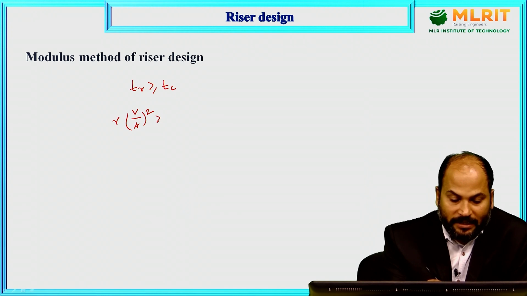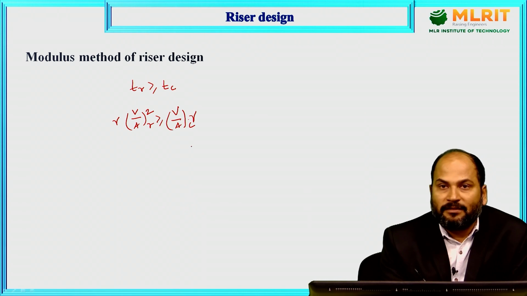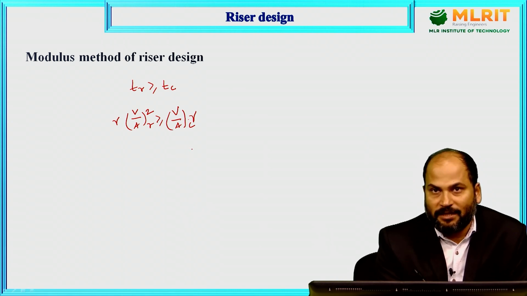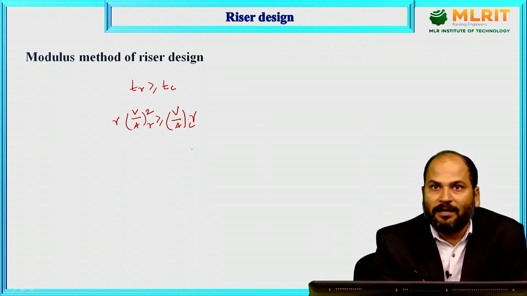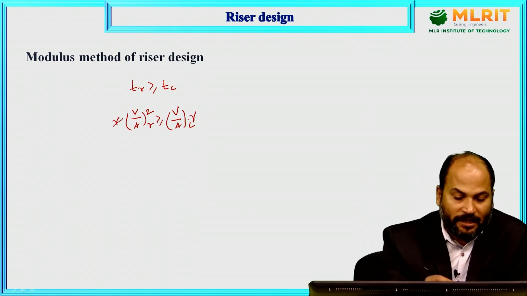So, this should be greater than or equal to the volume upon surface area of the casting, squared, times gamma. This is a constant which is completely dependent upon the material that we are going to cast. As the material is the same, either in the casting or in the riser, gamma for both will be the same, so it will cancel out.